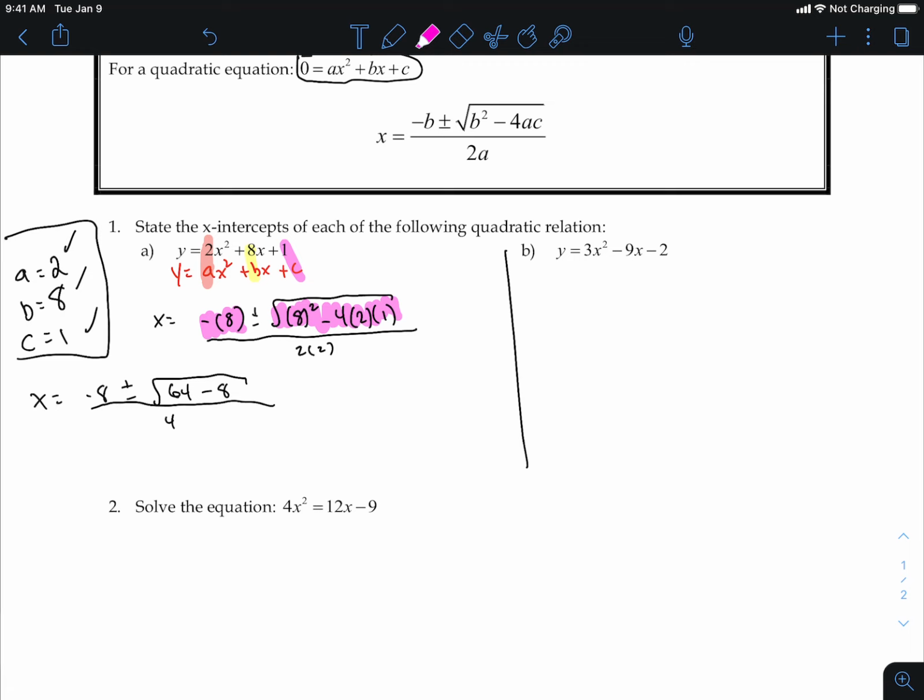Okay? You could do this either way. It doesn't really matter. I always just have negative 8 divided by 4 plus minus the square root of 56 divided by 4. You can do it that way, or you can go negative 8 plus minus the root of 56 divided by 4. That's also okay.